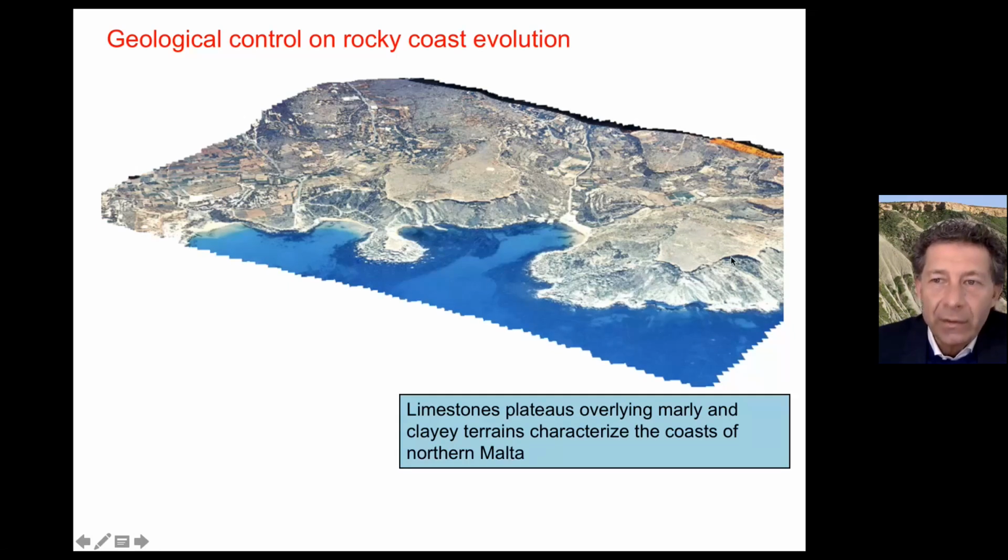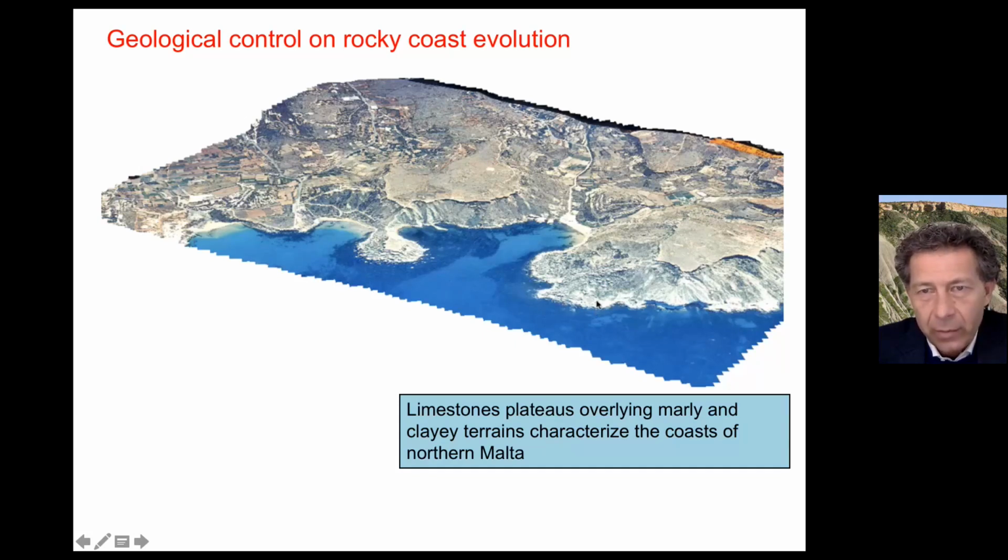Actually, the relative thickness of these two formations plays an important role in the development of landslides. Sometimes, in fact, the blue clays are very thick, like here with respect to the cap rock. Sometimes you can find the opposite situation.